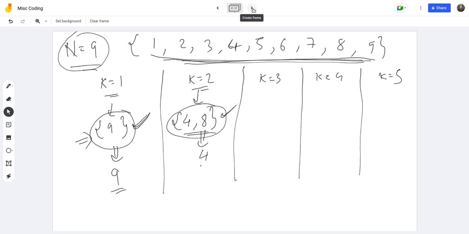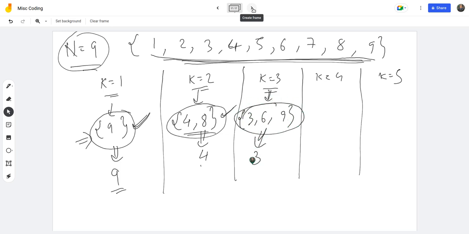And for k equals to 3, which is the subset of size 3 that you will pick in order to get the maximum GCD? In this case, the answer would be 3, 6, 9, right? And the GCD of these 3 numbers will be 3.